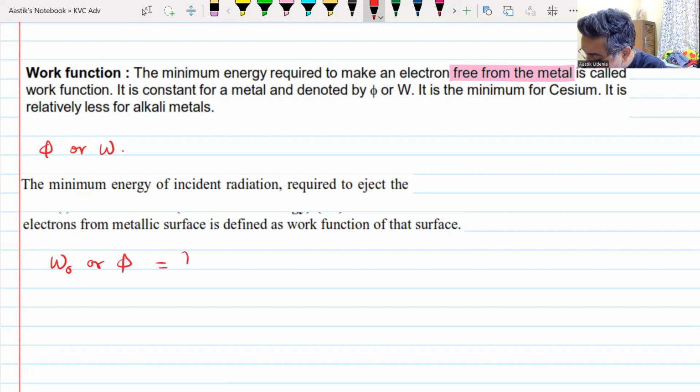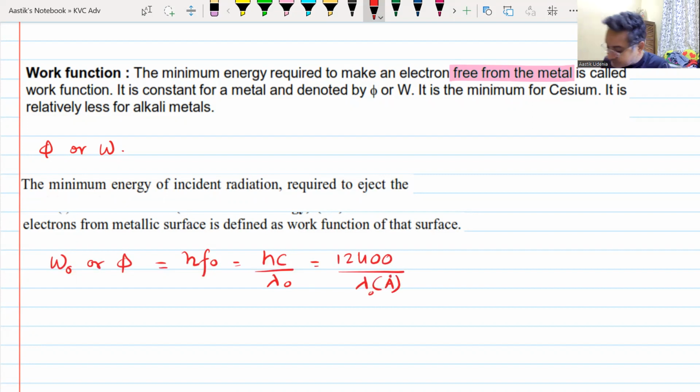Now that minimum energy required can be written as h times f naught, and that can be written as h times c by lambda naught. Where, what are this f naught and lambda naught? This can be written as 12,400 divided by lambda naught in Angstrom units.